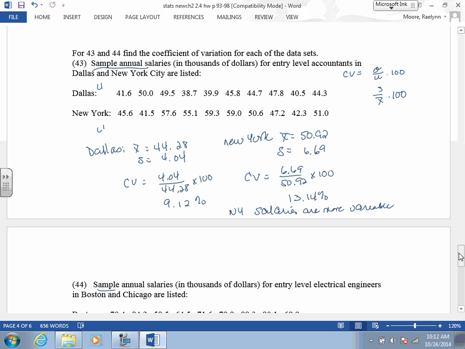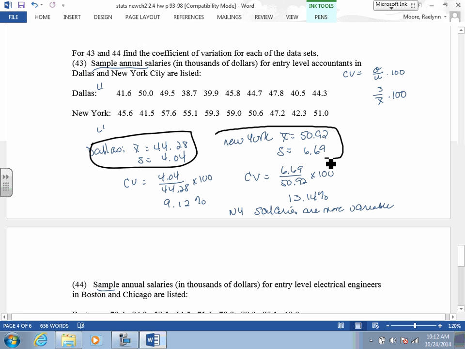The mean and the standard deviations for Dallas versus New York, look at the difference. First of all, New York has a higher mean. Second of all, New York has a larger standard deviation, which means there's a little bit more spread in their variance, doesn't it? And your coefficient of variance should show you that.